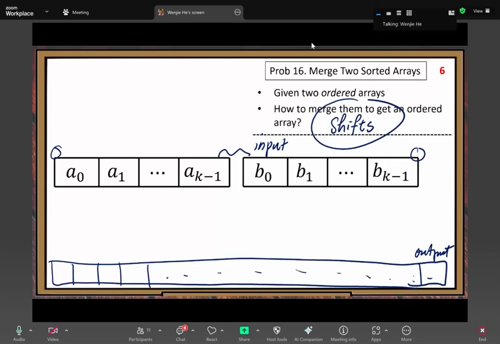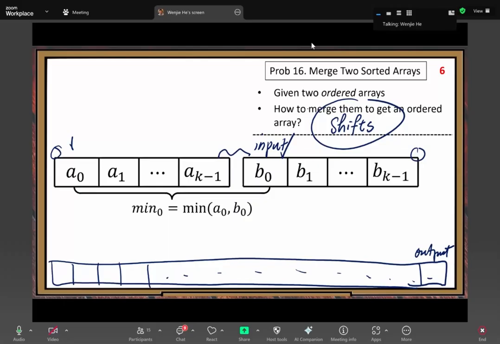All right, so let's do the work. The first time we compare the first element in the left and right two subarrays, A0 and B0. Then there is a smaller one and a larger one. The smaller one, we know that is the minimum of the whole array.